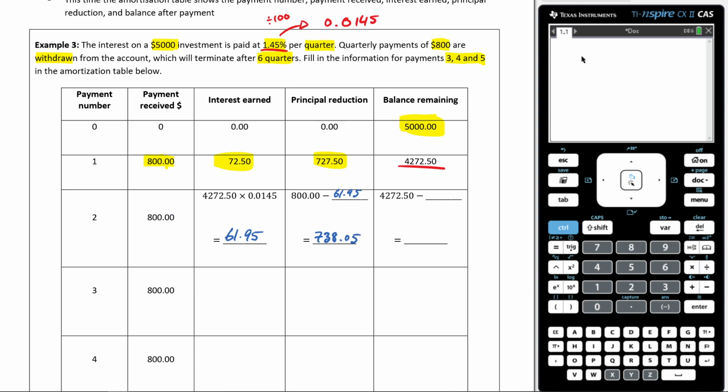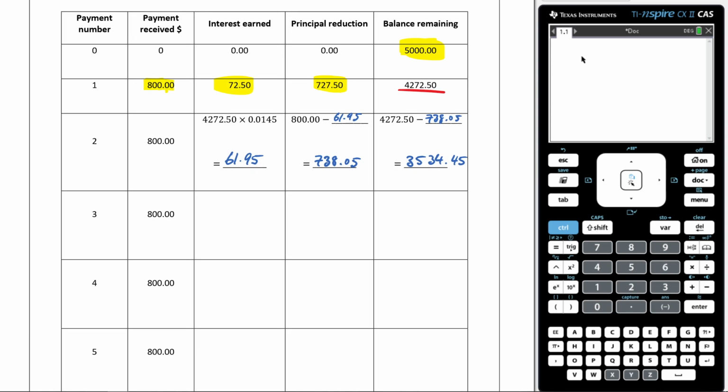And that makes sense because remember, we're earning this much money, we're withdrawing that much money, which means the principal is only reducing by that much money. So now we subtract 738.05 from the balance, which is going to leave us with 3534.45.